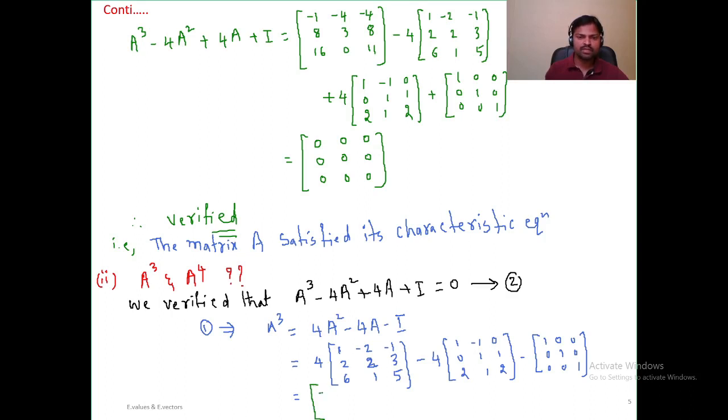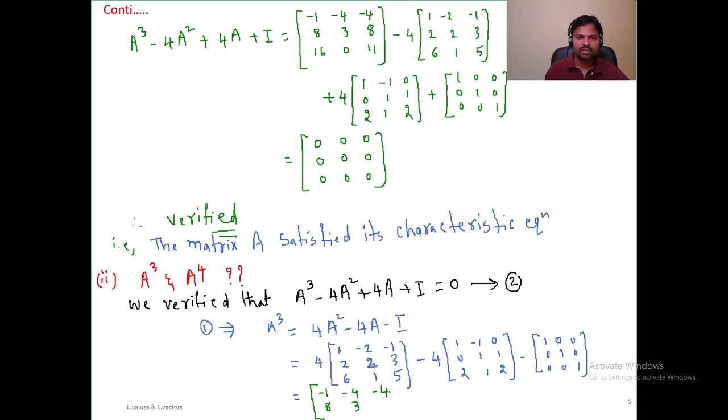So first entry is minus 1. Next, second entry: 4 times minus 2 is minus 8, plus 4, minus 4, so plus 0, minus 4. Next, third entry: minus 4, 0, minus 4, 0, so minus 4. Okay, next 4 twos are 8, 0, 0, so 8 only this one. Next 4 ones are 4, minus 1, so 3.